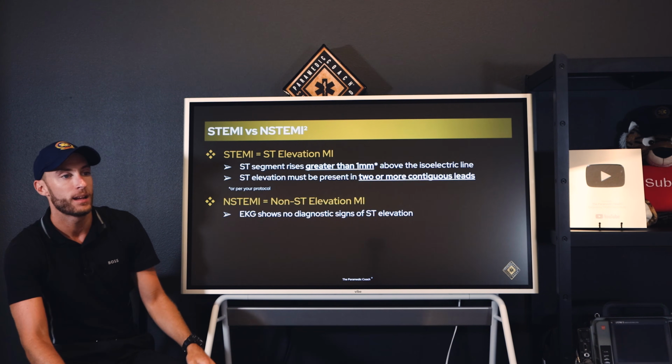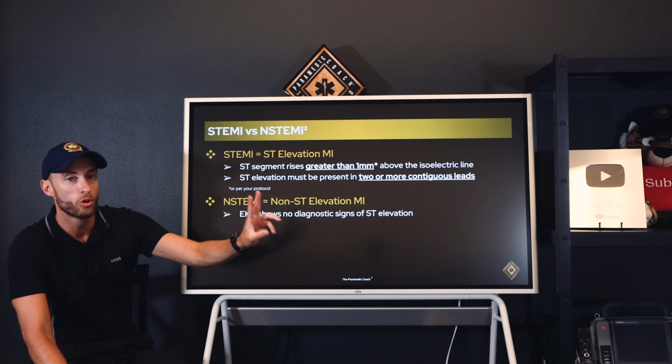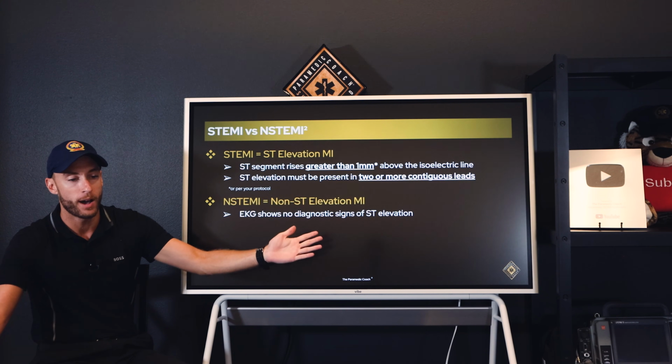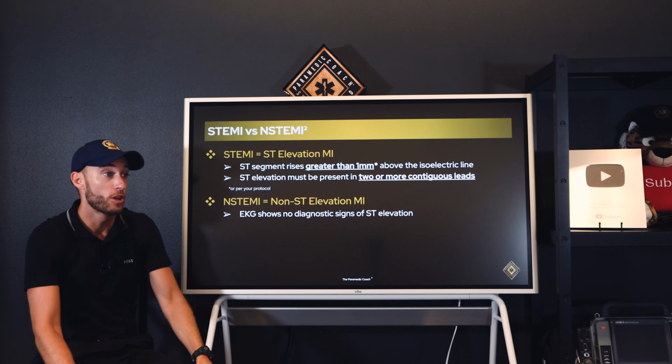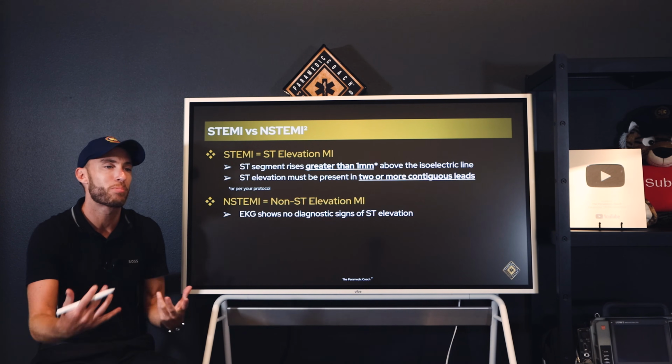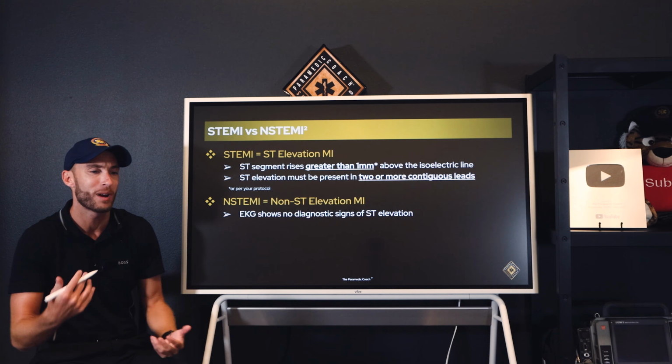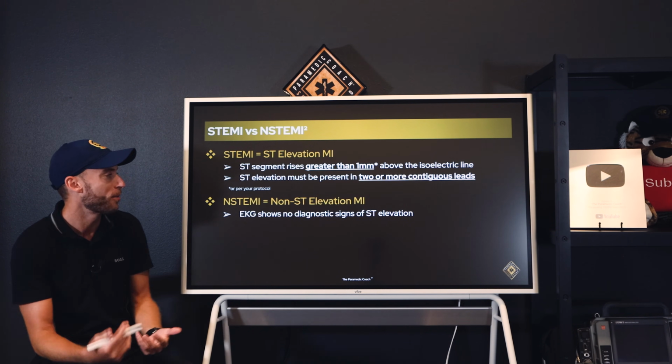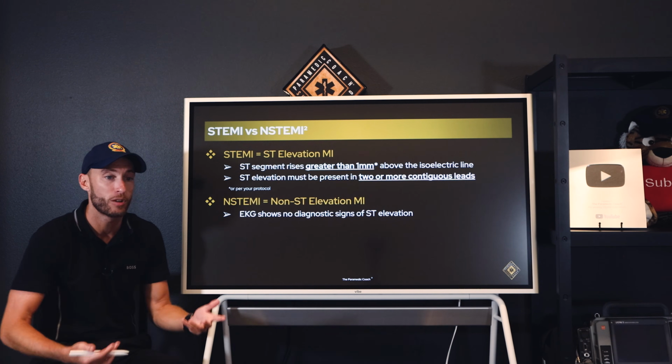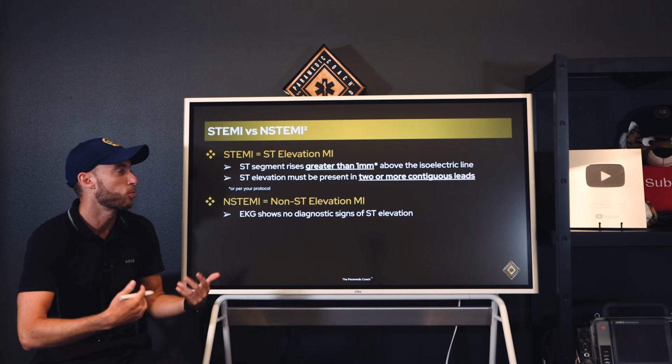Or they might say, if you see 2 up, fine, open the cath lab, which is good to do. Just different protocols, different doctors, different medical directors, different hospitals, different areas, just letting you know about it. There's nothing wrong, there's nothing right, it's just what it is.